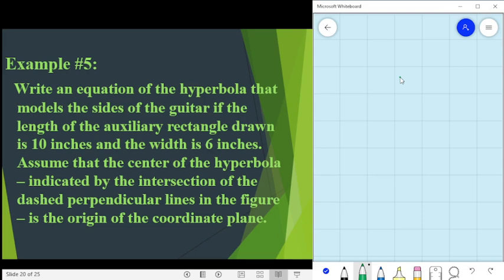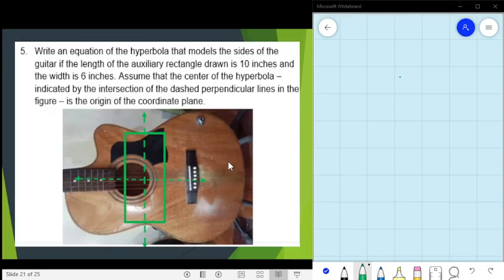Okay, so we have here the situation. We consider the hyperbolic part. Here, the auxiliary rectangle has a length of 10 inches, so that represents your 2a, right?